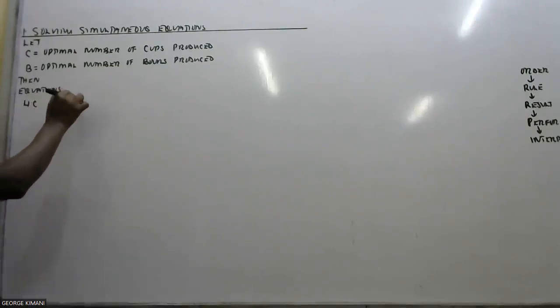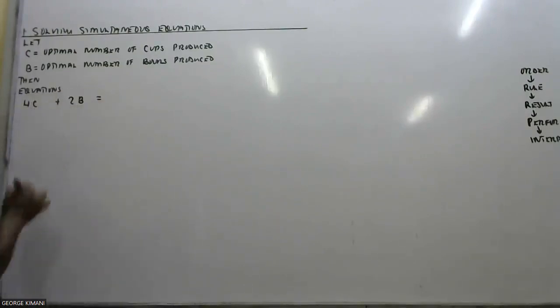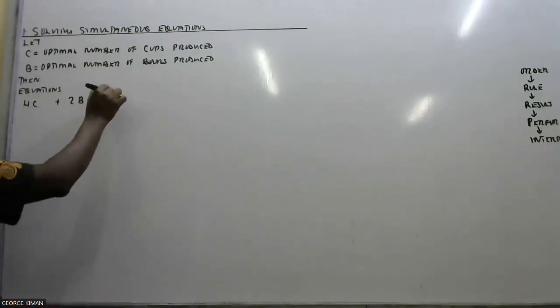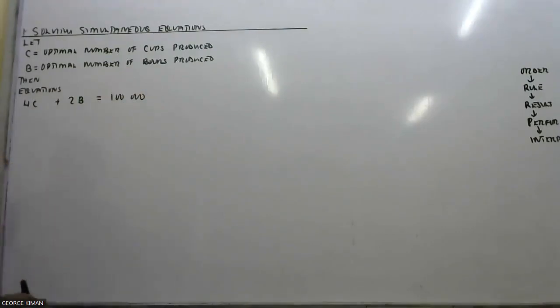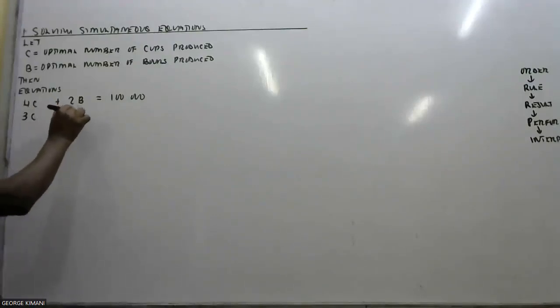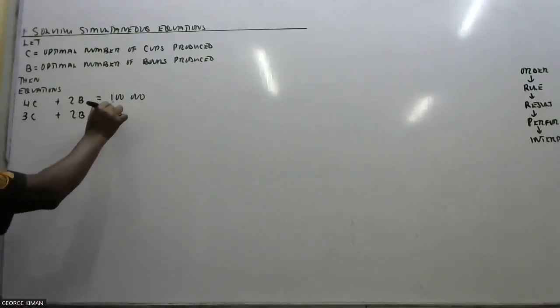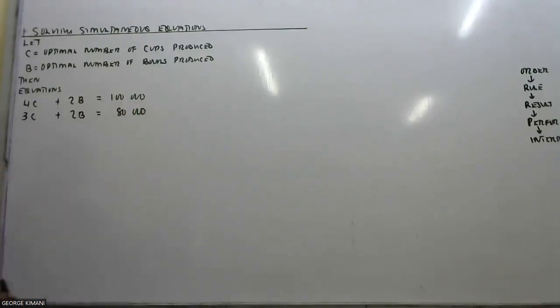So 2B is equal to the machine hours, which is 100,000. Then when we go to labor hours, cups require 3, so 3C, and we give it 2B, should be equal to 80,000.